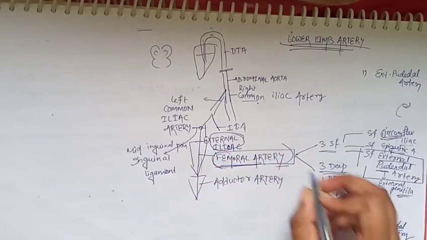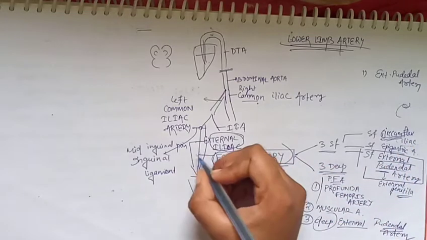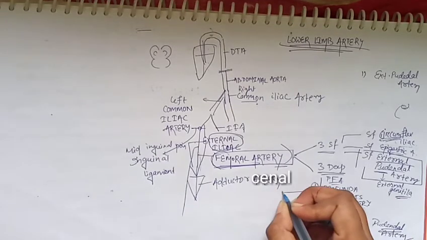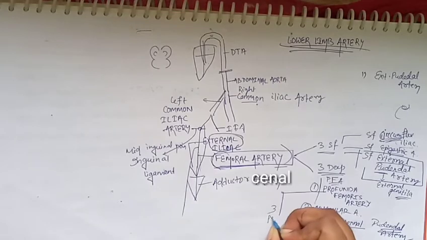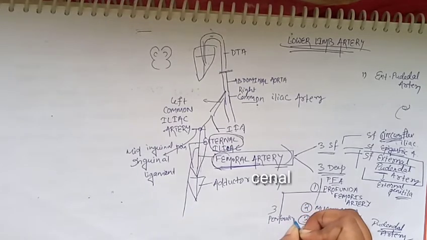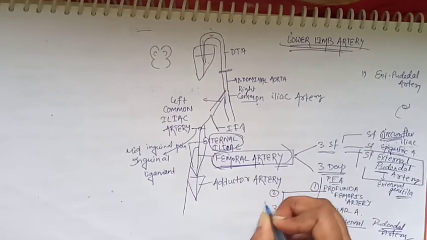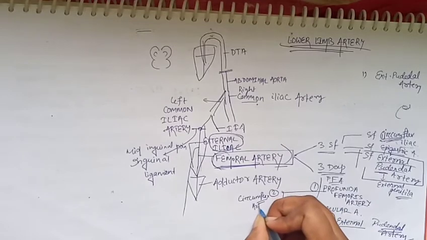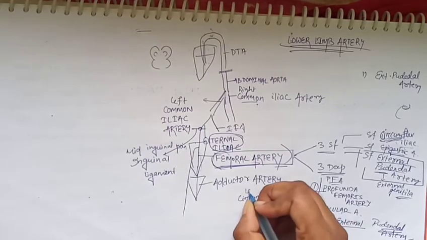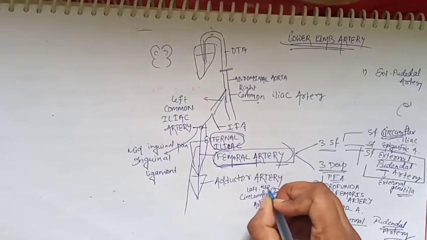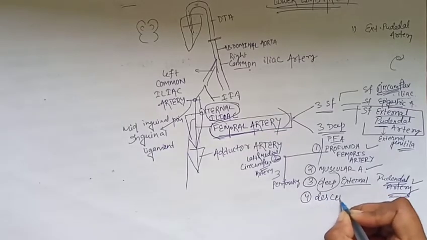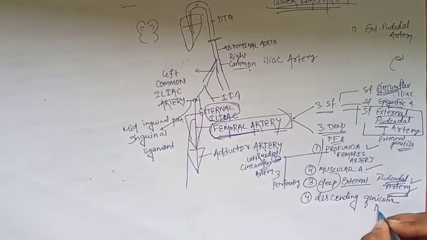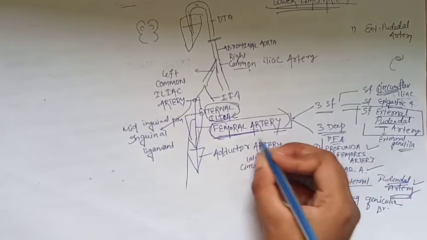In the femoral triangle the deep branch, the profunda femoris artery, mainly gives 3 perforating and 2 special branches. What are the 2 special? The circumflex arteries: one is lateral circumflex, another is medial circumflex. The descending genicular branch was also given by the femoral artery deep branches.